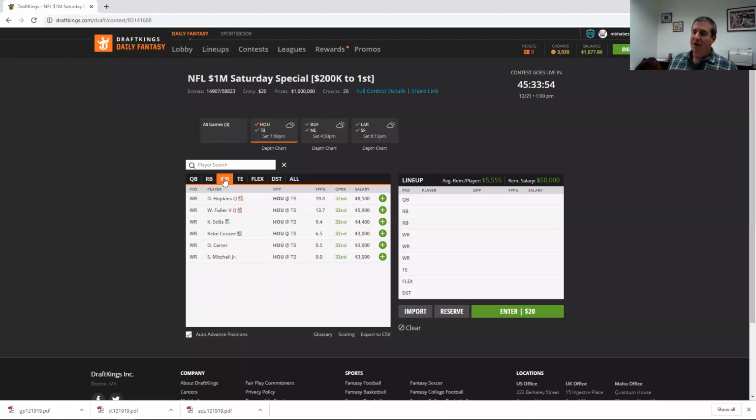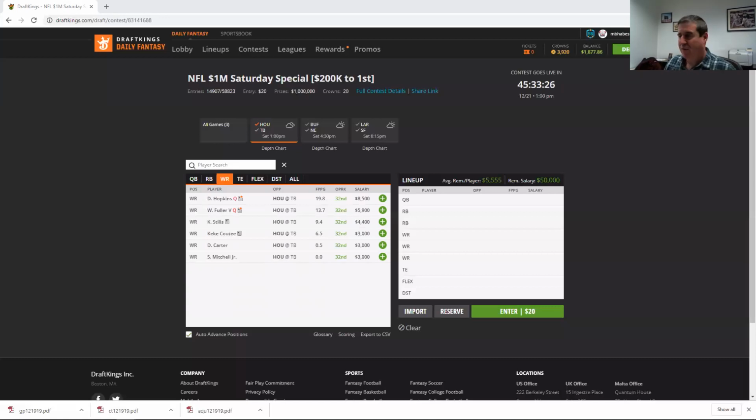More to the point, I look through his projections, and I'm ranking the wide receivers by projection. I see that DeAndre Hopkins does have the highest projection, but only by about a point. Depending on where you look, the one I'm looking at has Hopkins only about a point over Julian Edelman.